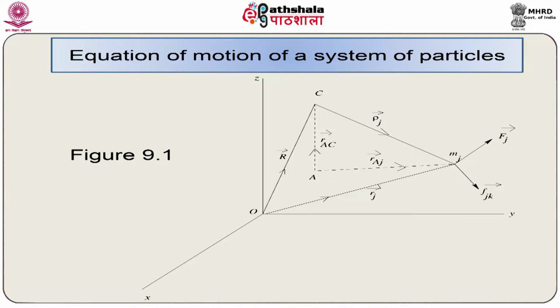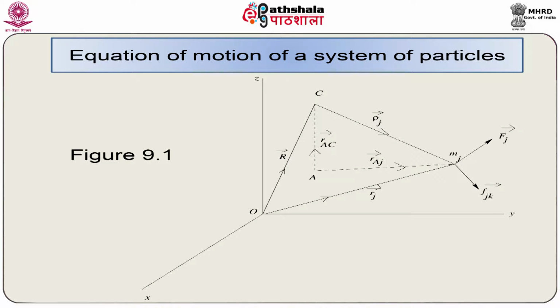Consider figure 9.1. Let r_j vector be the position vector of mass m_j relative to the point O. O is the origin here. Let capital R vector be the position vector of the center of mass of the system.